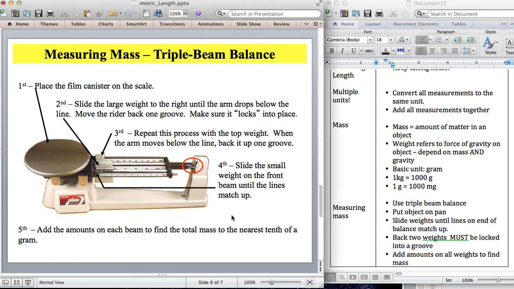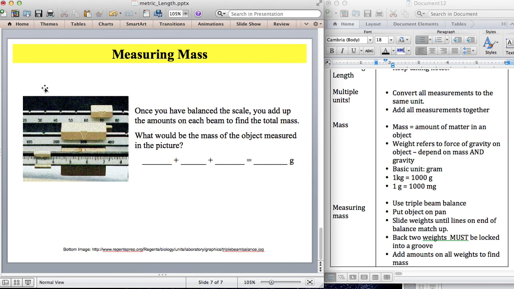So let's give you an example. Say I put an object on the balance off to the left, and I slid these around, and this is when it balanced. We just add up the amounts on each. They're all in grams. Right here we've got 300 grams from this mass. We've got 70 grams from here.